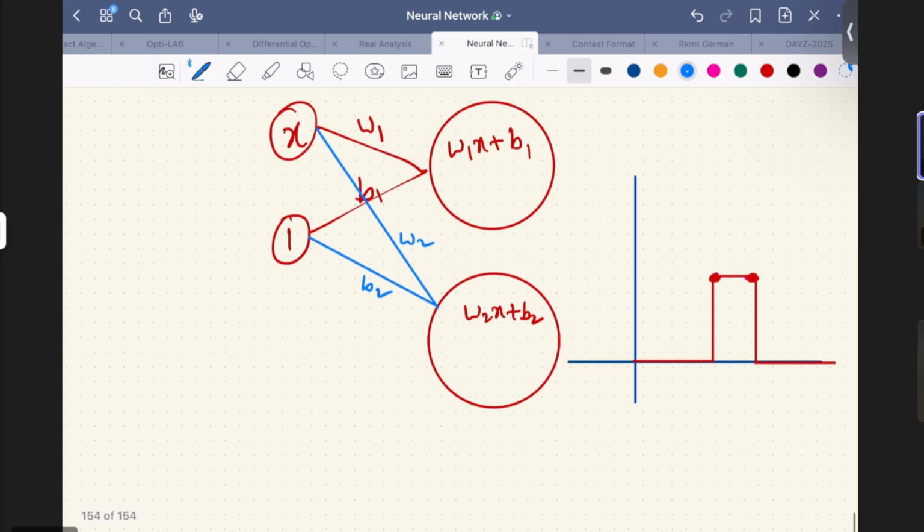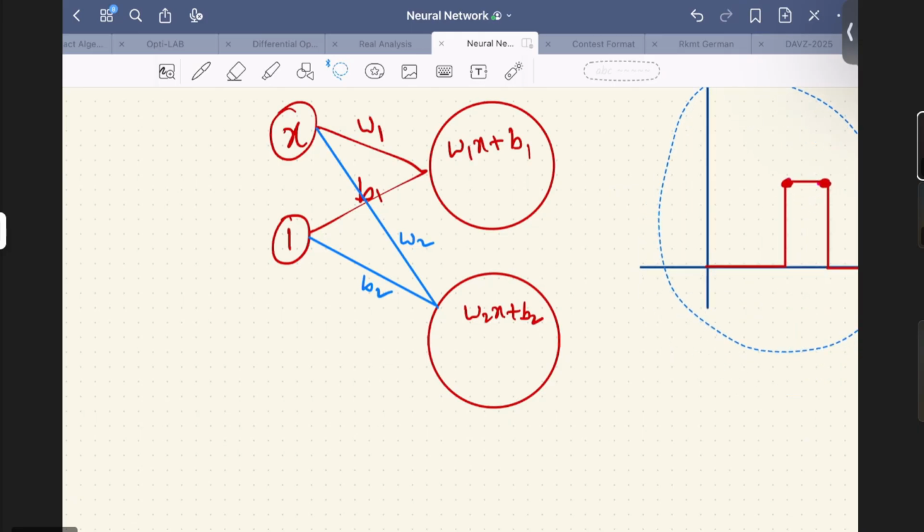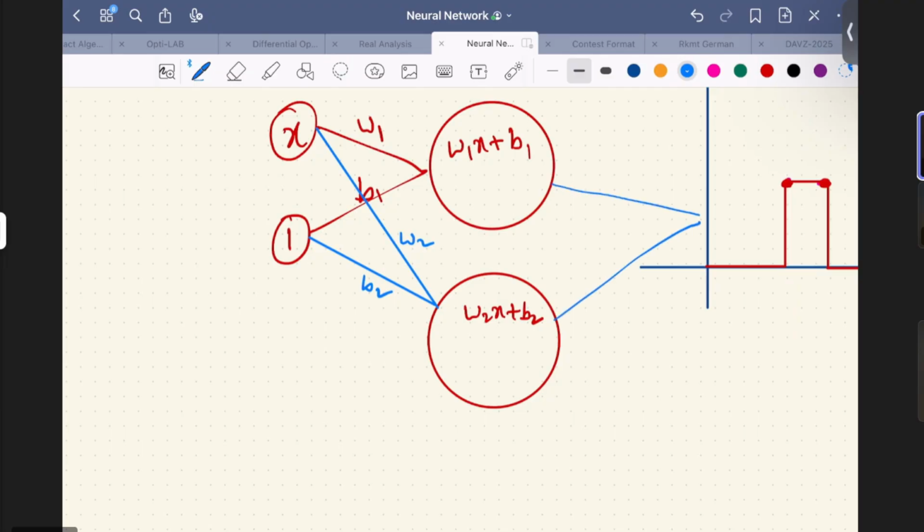Now the outcome should produce this graph. The output should be this function.